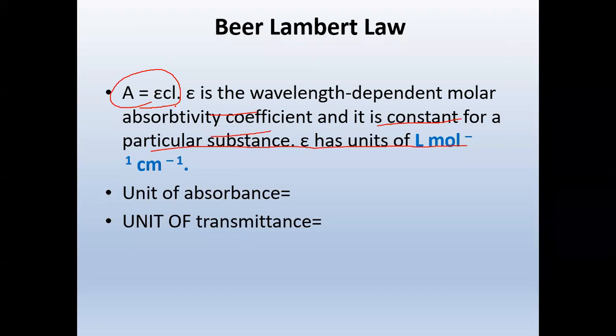So from this equation, A is equal to ECL, you can find the units of absorbance also, because absorbance is usually expressed as absorbance units or AU, but we can write it as liter per mole per centimeter, because the definition of molar absorptivity coefficient is that it is the absorbance when we have unit concentration and the length of the cell is unit length.